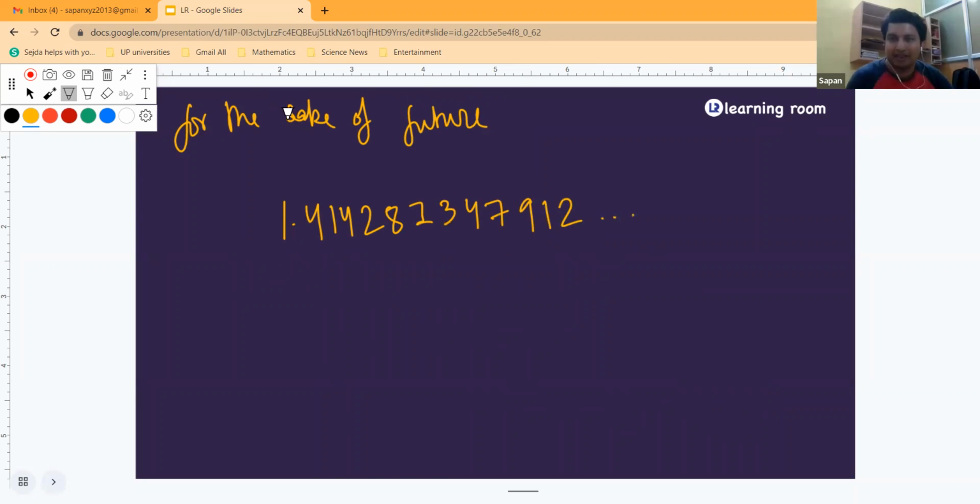You cannot identify any pattern. I did not intentionally write all the digits, but there is no pattern. Now it's not a recurring number. Still, sir, we will be able to know what number this is. Of course, it will not be a rational number. It will be an irrational number, but their methods are different.